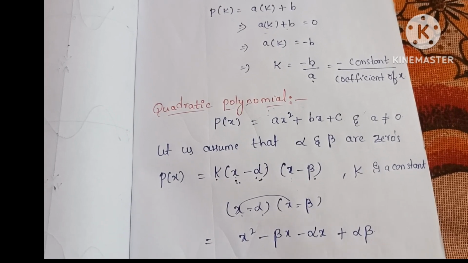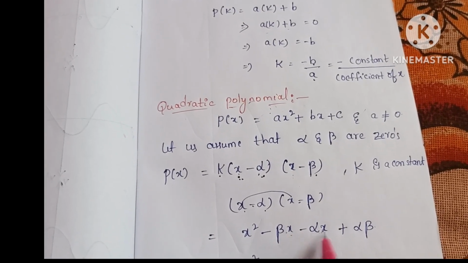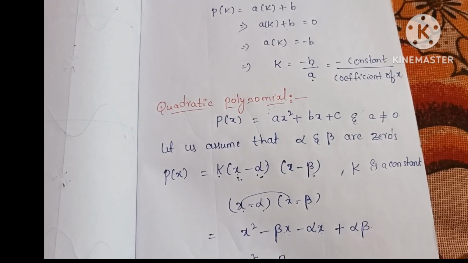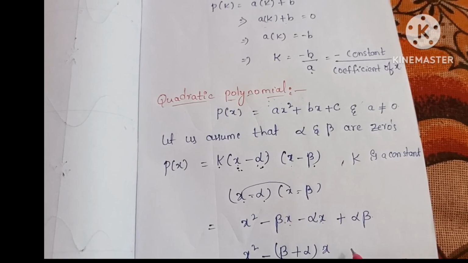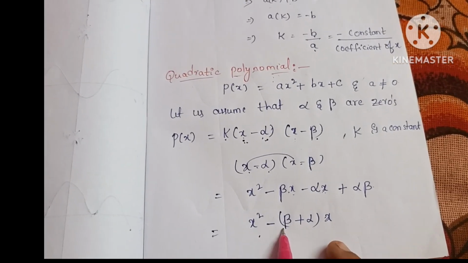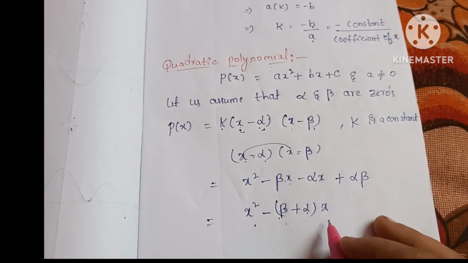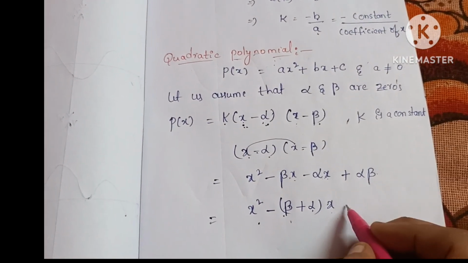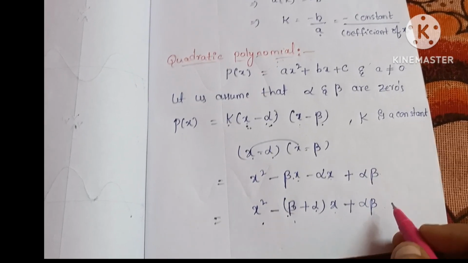Now x square minus, x is the common term, so taking x common: x square minus beta plus alpha into x plus alpha beta.